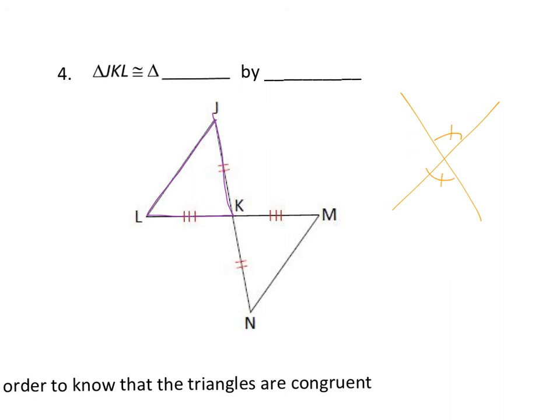It is to say that 2 angles on opposite sides of an intersection are going to be congruent. Well, line JN intersects with line LM at K, which means by our vertical angle definition, that angle is congruent to that angle. So what we have here is a side angle side relationship between triangle JKL and triangle NKM.